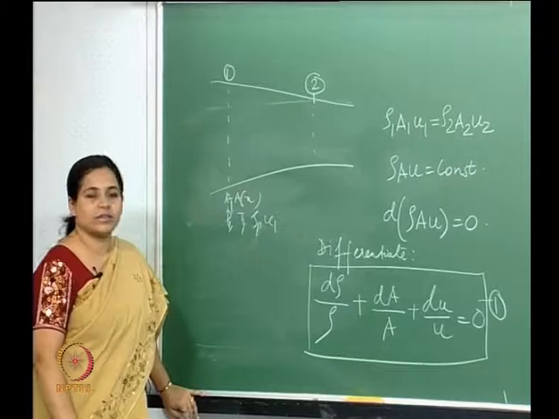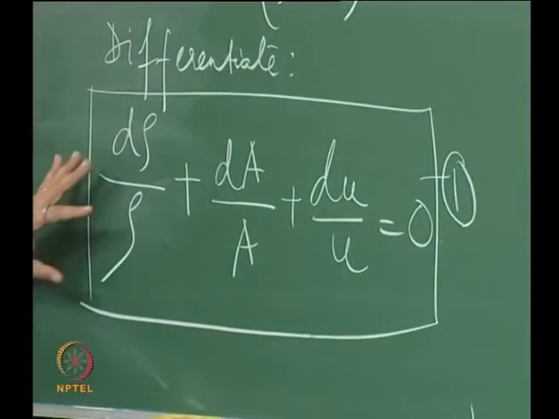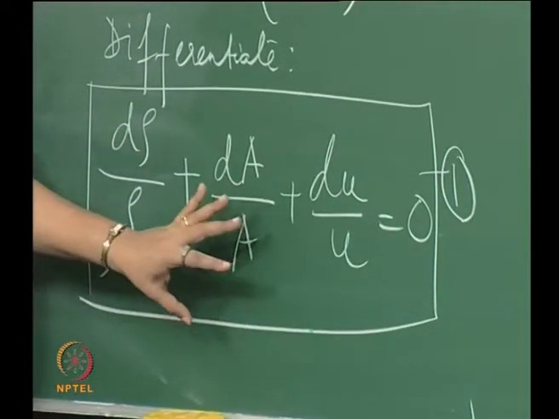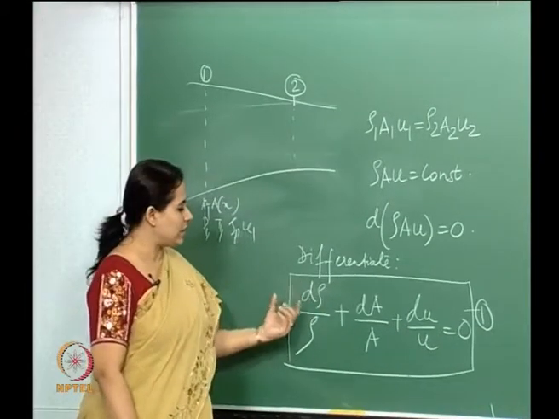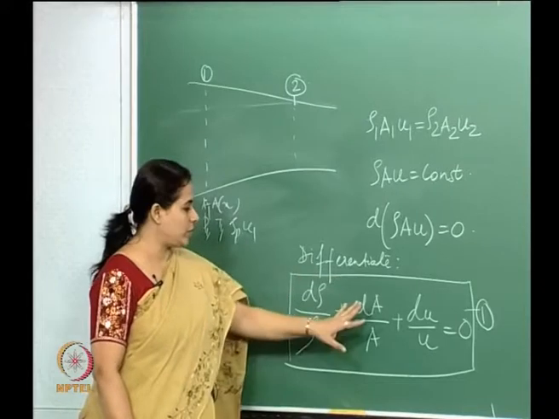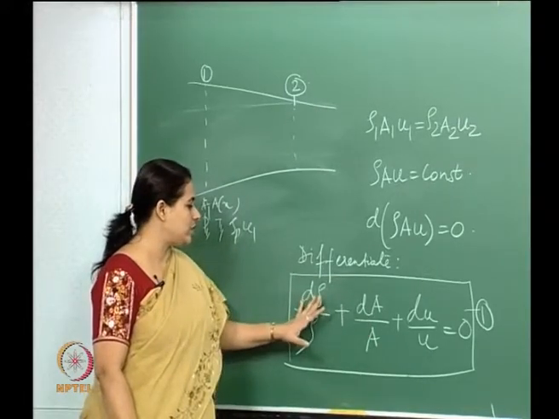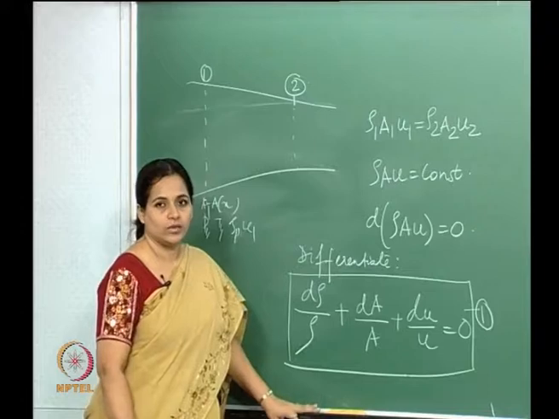Okay, so we have a certain relationship between density, area, and the velocity. So a relationship between the changes in density, area, and velocity. So if you change the area, there is a corresponding change in density and velocity.